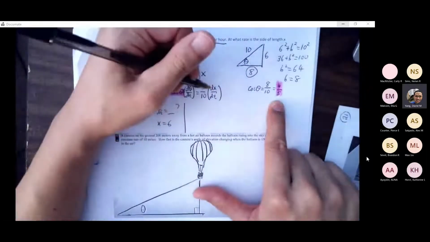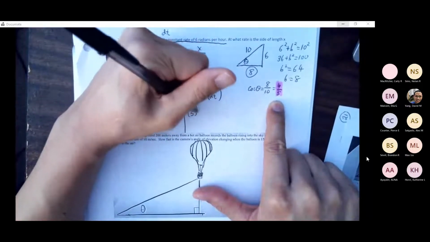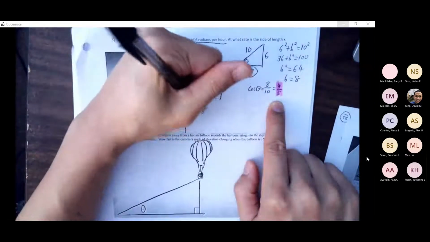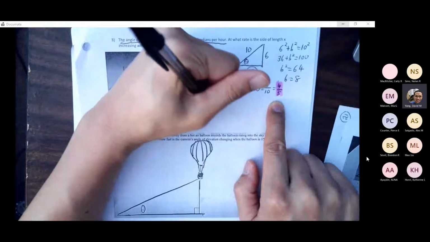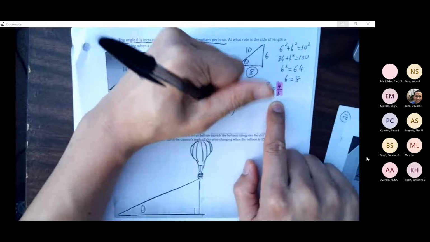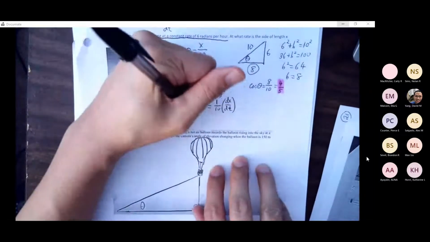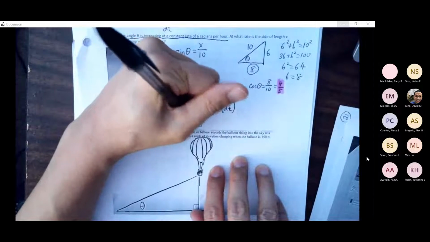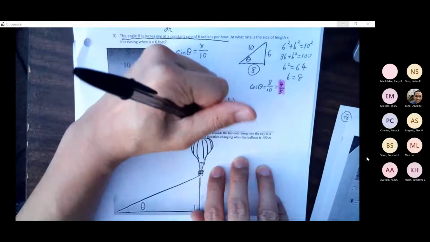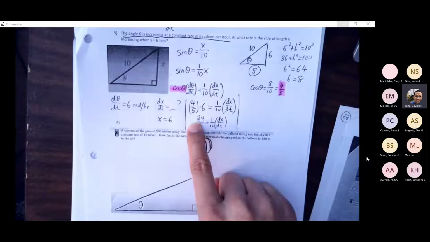Okay, so cosine theta is 4/5 times d theta dt is 6 equals 1/10 dx dt. Okay, multiply this out here, 24 over 5. Okay. Dividing by 1/10, the same thing as multiplying by 10.